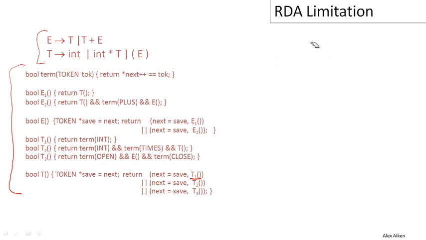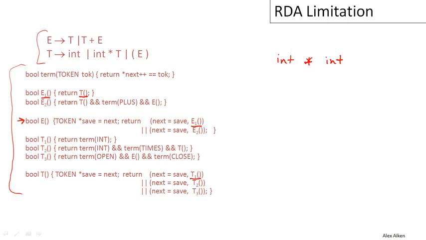So let's try the input string int times int. Again, we start with the production e, and the first thing we'll do is try the production e1. Same thing we did last time.